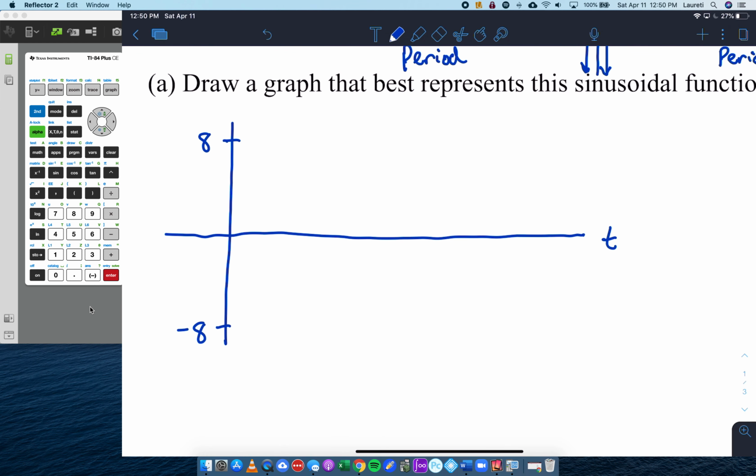So this is going to be 1/2, 1, 3/2, 2, and then we're going to do 2 periods. So 5/2, 3, 7/2, and then 4.